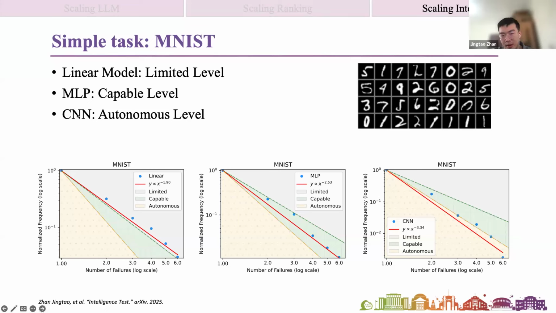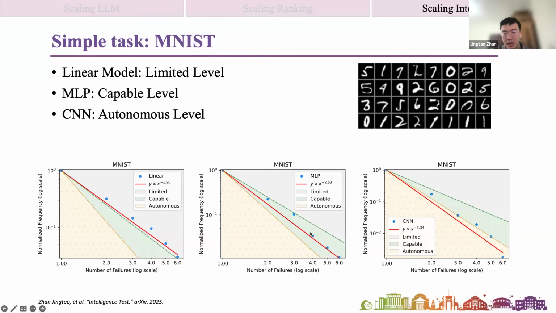We evaluate these three models using our method. The blue points show the performance of the linear model. They all fall within the limited intelligence region, showing that the linear model achieves a limited level of intelligence.